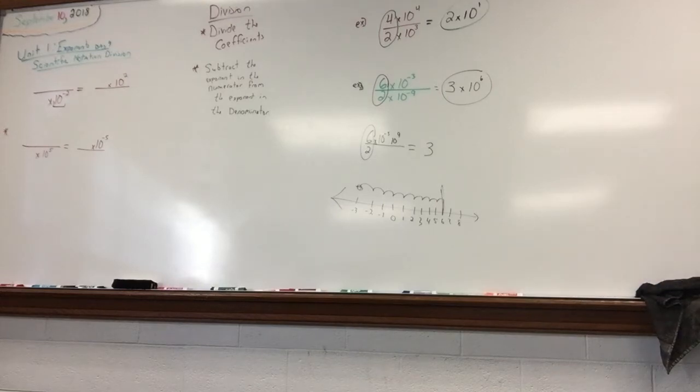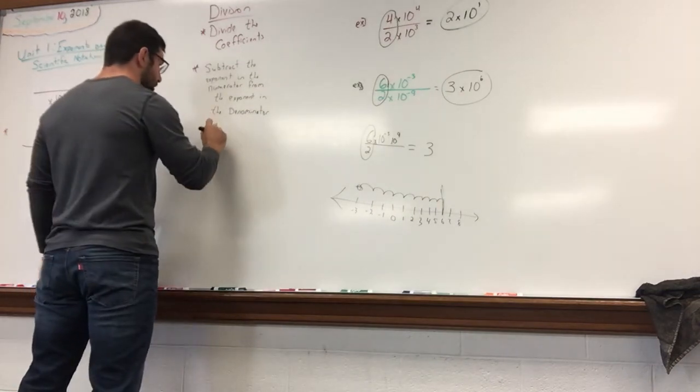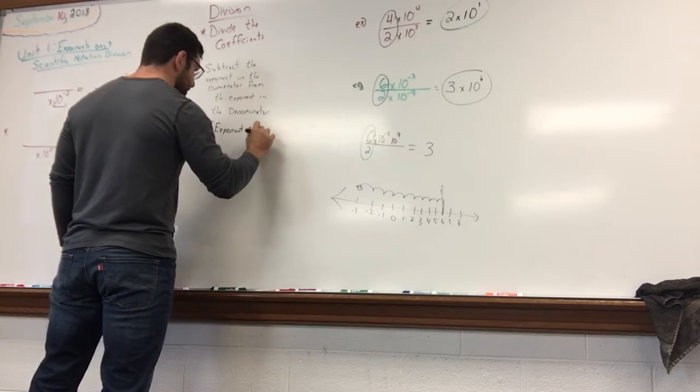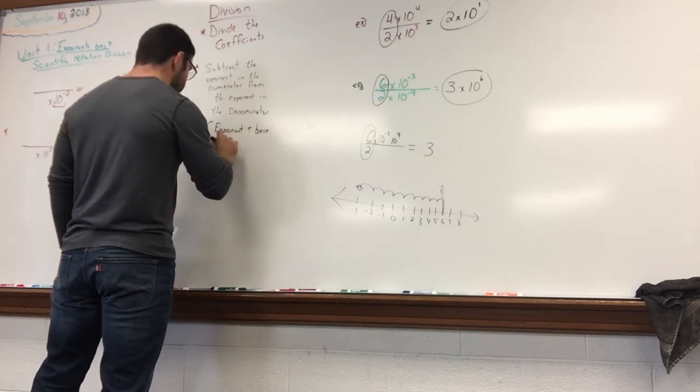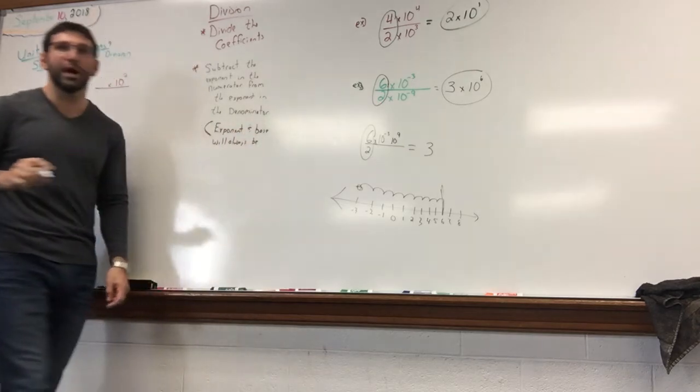So, you're going to try 2 problems. Okay? Pretty easy. Divide the coefficients, subtract the exponent in the numerator from the exponent in the denominator. I'm going to put one little caveat here. Exponent and base will always be where?